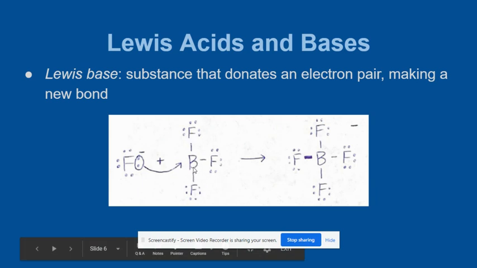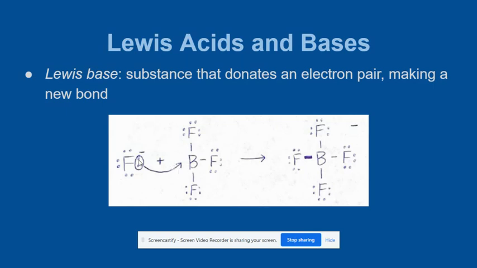So in this one, we have BF3. Boron has 3 valence electrons, so it can get away with just making 3 bonds. We're expecting an octet, 4 bonds, but boron's kind of different, so it can get away with that. Here we have fluorine, totally full. It's got its full octet, 8, so it's got some extra electrons. Boron has some open space.